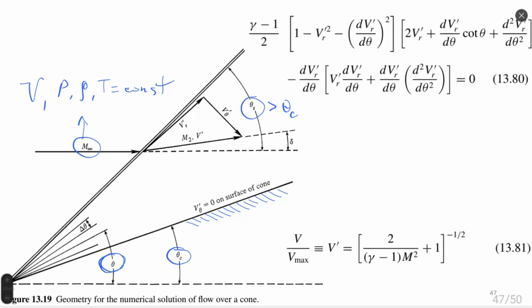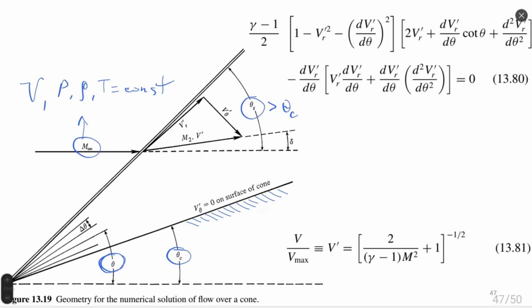If it does not converge quite precisely, we can calculate again. We change theta s according to our estimation, until the moment when the solution of equation 80 converges on the surface of the cone and flow is exactly parallel to the conical surface. So this is an iterative process.